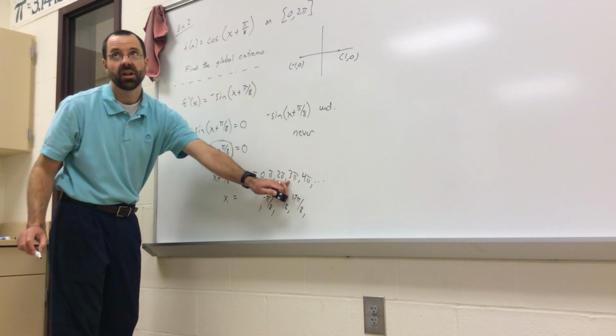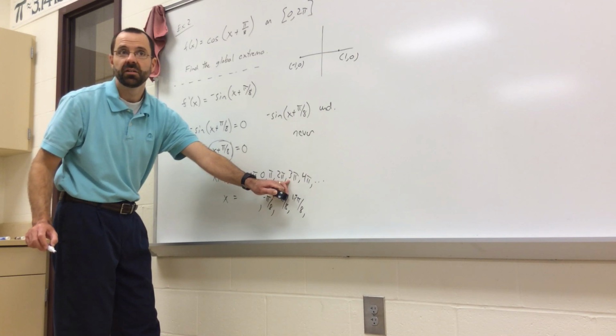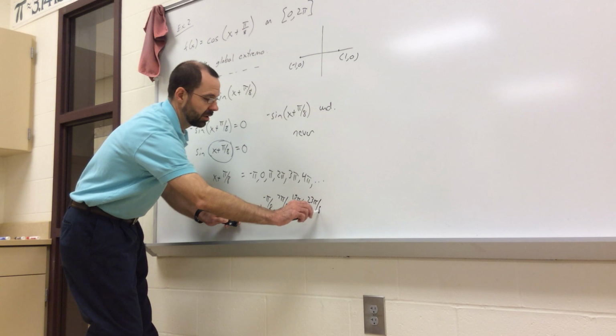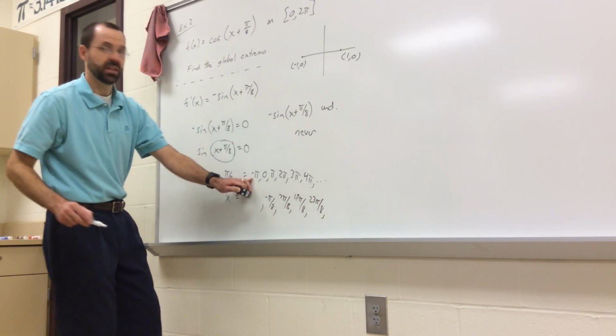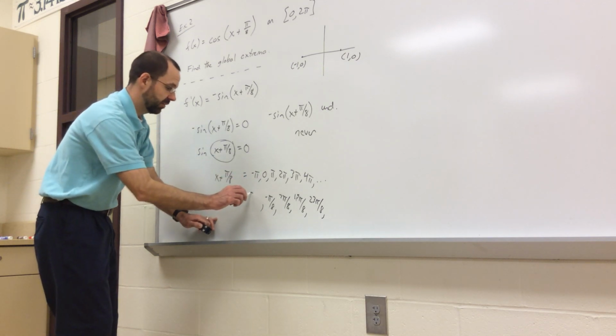Three pi is 24 pi over 8, minus pi over 8 is 23 pi over 8. And then negative pi is negative 8 pi over 8, minus 1 is negative 9 pi over 8.